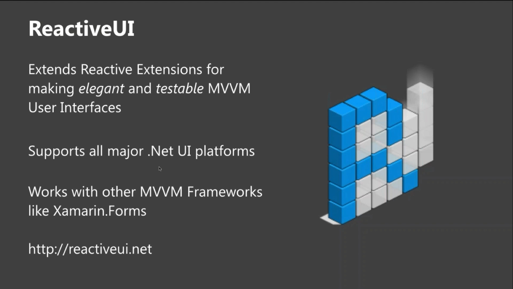One of the things that I found that's really cool, though, on top of the reactive extensions here, is ReactiveUI. So ReactiveUI is this kind of interesting MVVM framework. It's essentially just a series of extension methods on top of the reactive extensions, and it gives us really nice ways to build elegant, testable user interfaces.